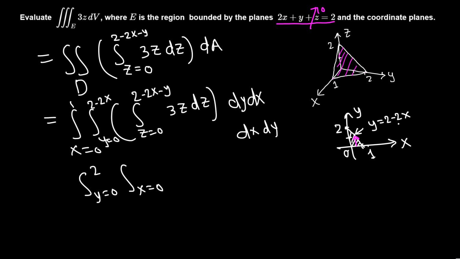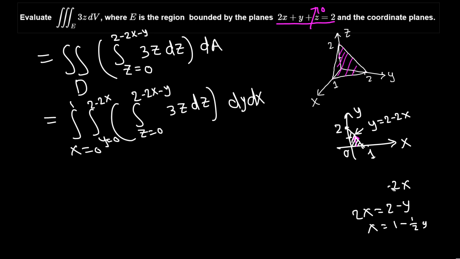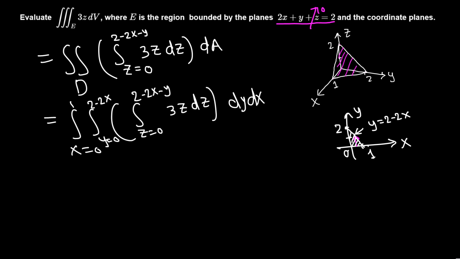That would have been y = 2 minus 2x, 2x = 2 minus y, so x is 1 minus half y. And do the same work, the final answer would be the same. But I want to go dy dx, which is also known as type 1.